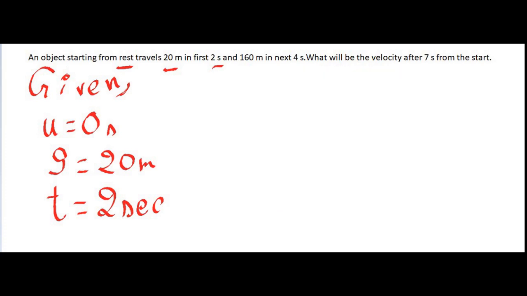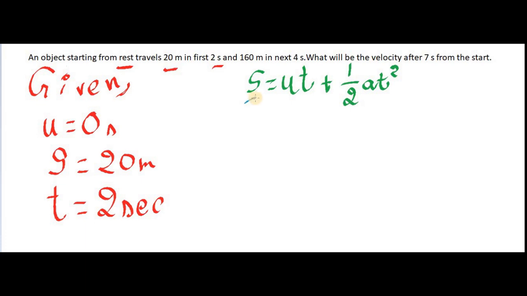So the formula that we can use here is s is equal to ut plus half at square. Now it is very simple for us to solve the next part of the problem, because it's nothing but substituting the values that we have. So let's start substituting them.